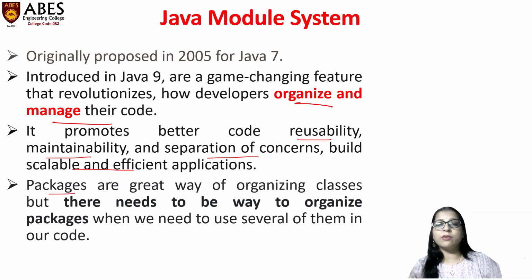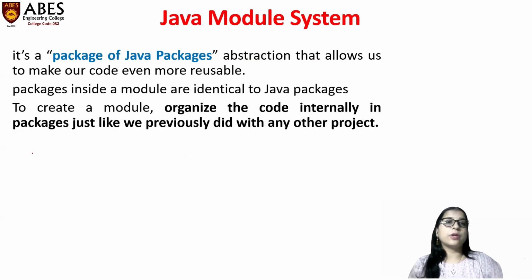And these are a great way of organizing classes, and we can use them in different ways, and they may be used in any other new projects that our team is building in Java. So you can call it a package of Java packages, because basically a module can include many different packages.